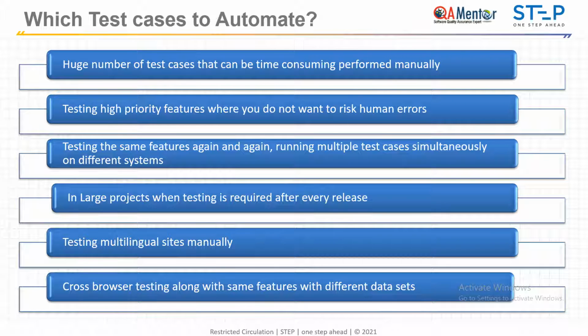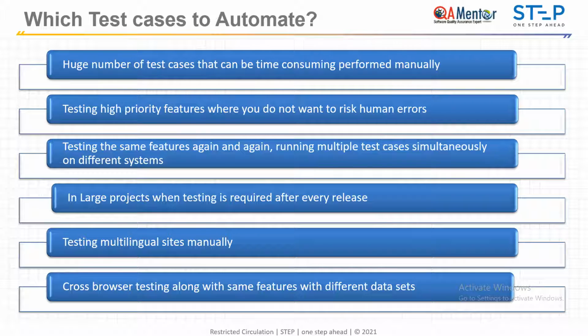Then in large projects, where testing is needed for every release, after every release we need to execute the test cases again and again. For example, one insurance domain project has 2000 test cases, but every release we need to make sure every component and every module is working fine.